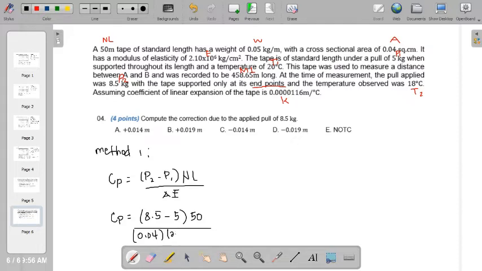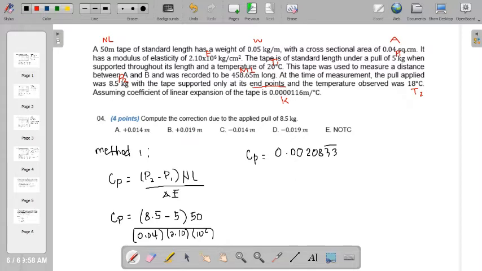Kung wala naman tayong problema sa units, you just have to do like this. Now, C sub P, small, is equal to 0.0028 20833. This is a repeating number. So this is your correction due to pull per nominal length.